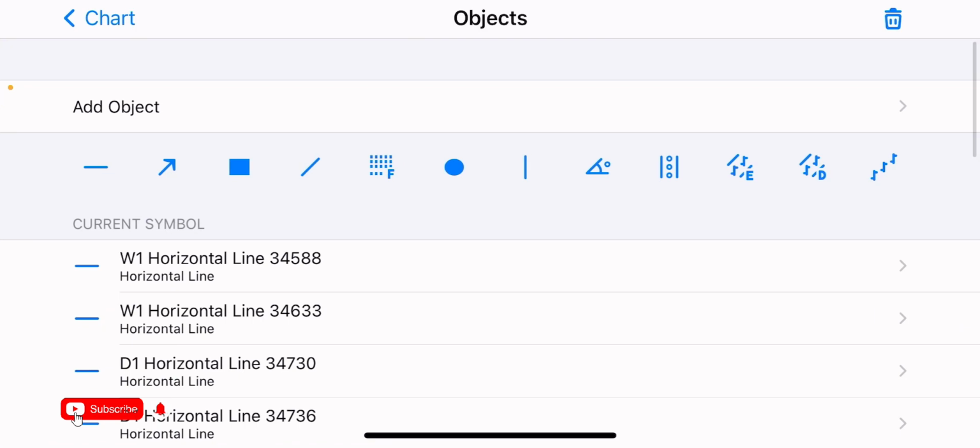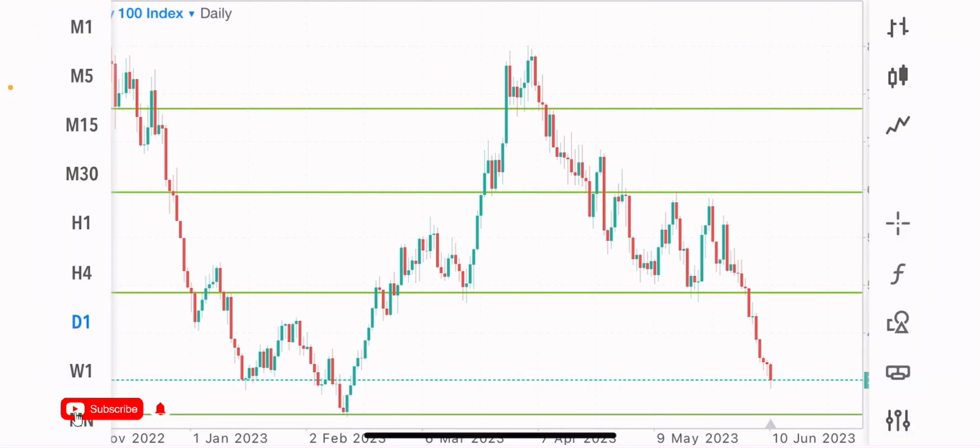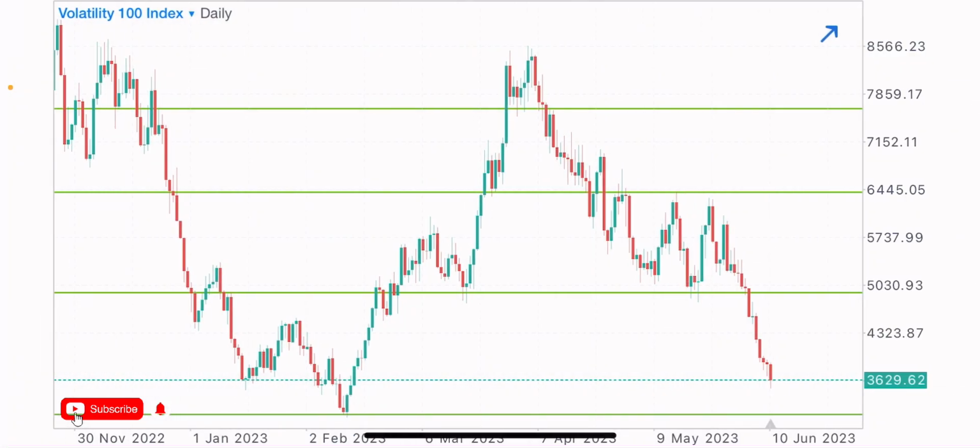The market reacted at this level as a resistance, then came to this zone and acted as a support. The market bounced off this zone, retested this level and bounced off it again as a support. Then finally the market found its way to the downside, breaking our support level.